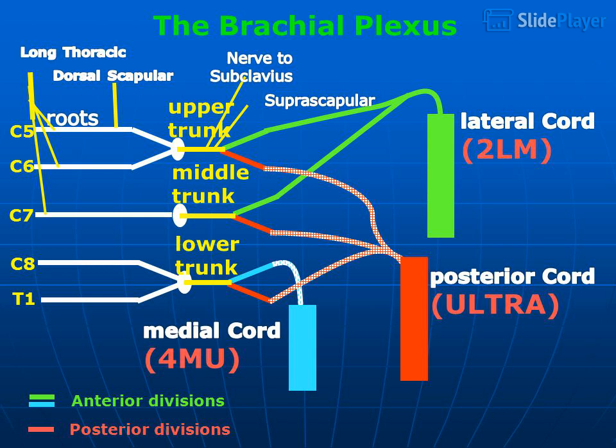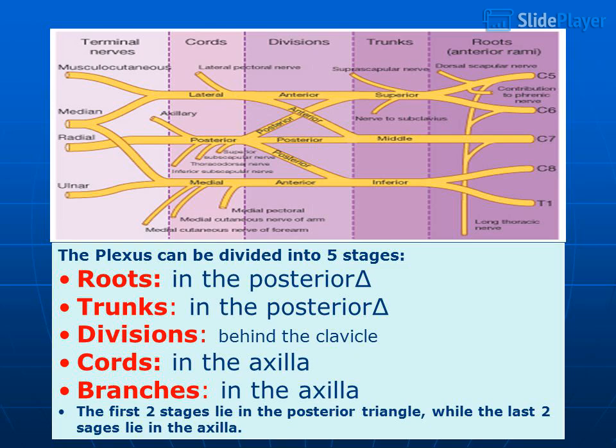Roots C5, C6, C7, C8, T1. Upper trunk, middle trunk, lower trunk. Lateral cord, posterior cord, medial cord. Anterior divisions. Posterior divisions.